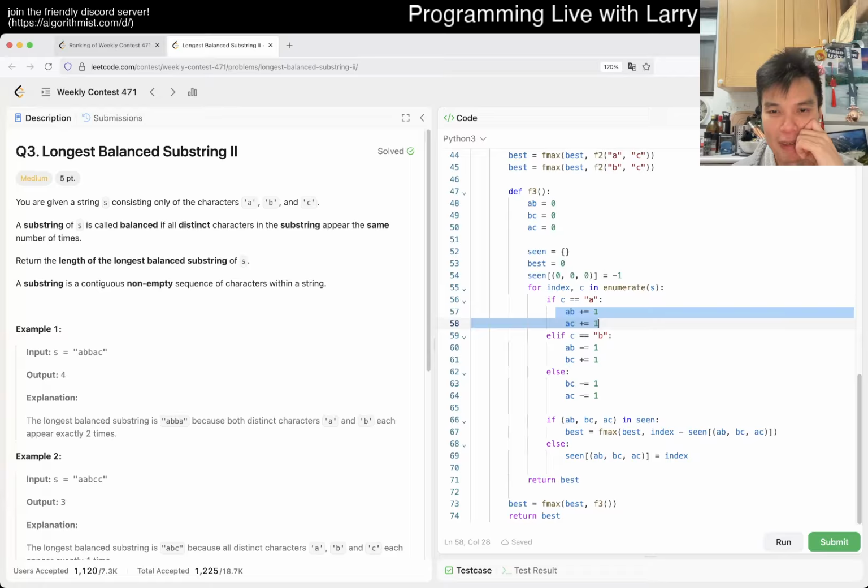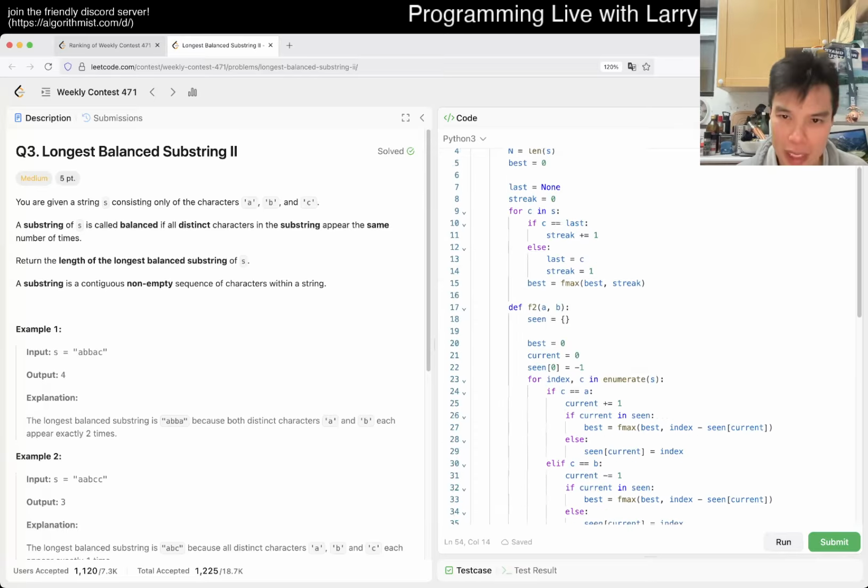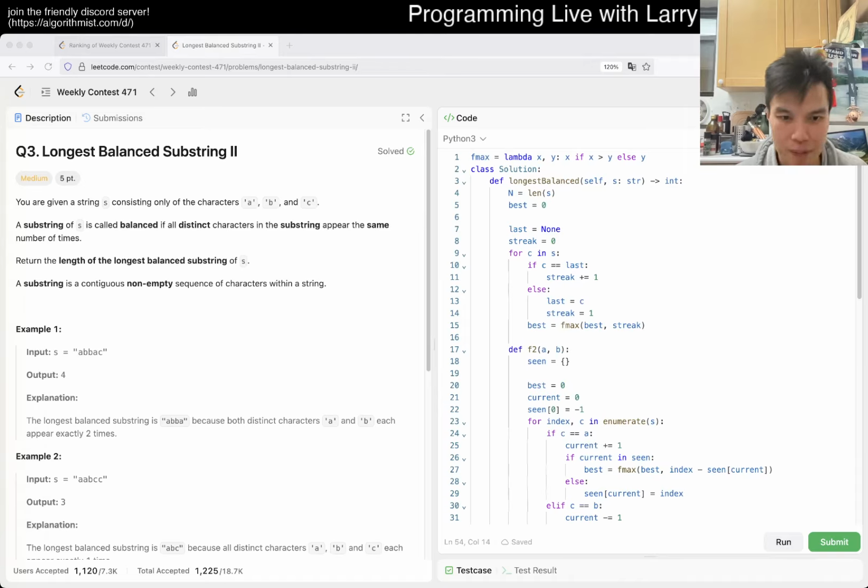If we only look at A's, then in theory BC doesn't matter, but no, I think it matters. I think I was just being dumb. That is a little bit sad though.